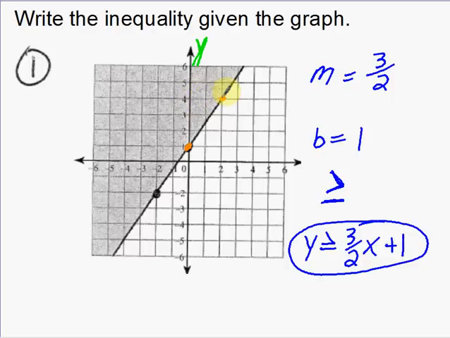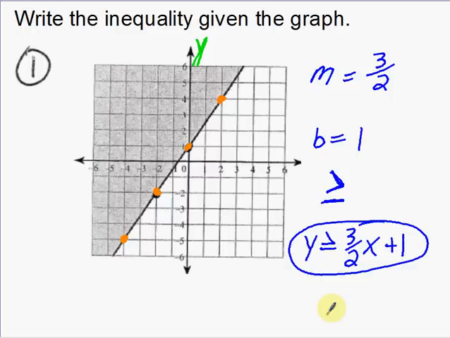Do you see how I ended right back on my line again? So that's good. If I tried to rise 3 and go over 2, I'd run out of room. So let's go back. Let's go down 3, 1, 2, 3, and over 2, right where I wanted it. Down 1, 2, 3, over 1, 2, right where I would expect it to be based on the inequality that I've written. So that tells me that I did good work there, and that that's the correct inequality.